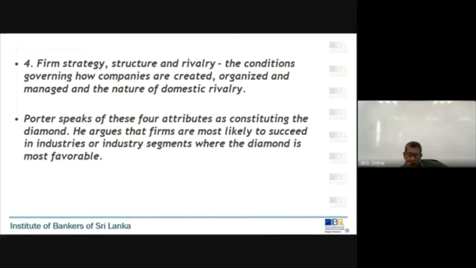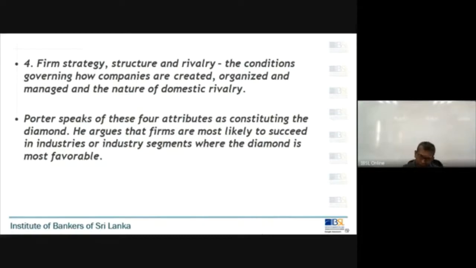Now, Michael Porter speaks of these 4 attributes. What are the things they talk about? Demand condition, factor endowment, firm strategy, and supporting industry. He argues that firms are most likely to succeed in industries or industry segments where the demand is more favorable.